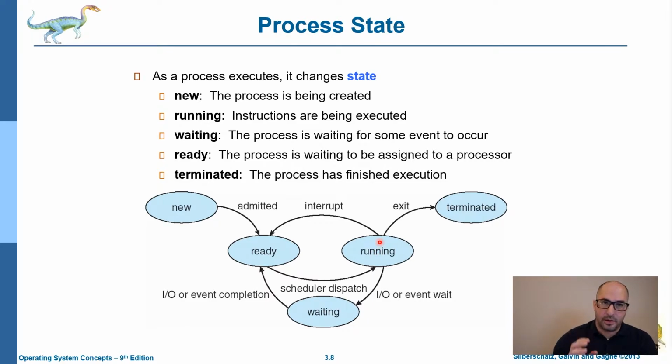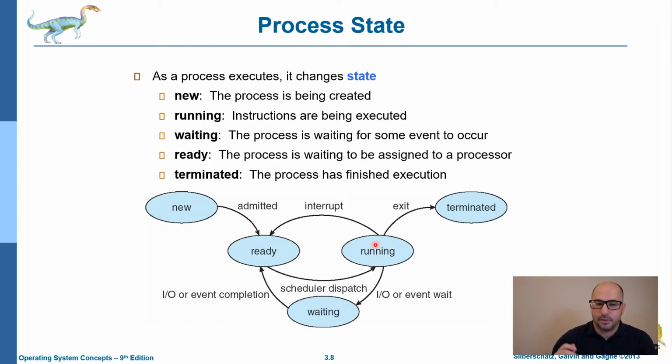And it's only possible for one process to be executing instructions on one CPU, one processor, at a time. So we go from new to ready, saying I'm ready to run my code, then the process begins running its code, and if it has nothing else to do, then it exits, it terminates.